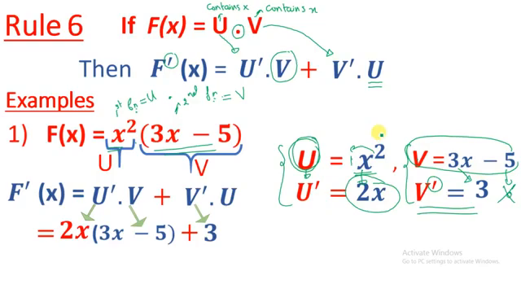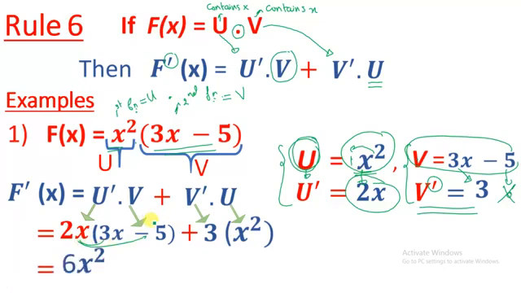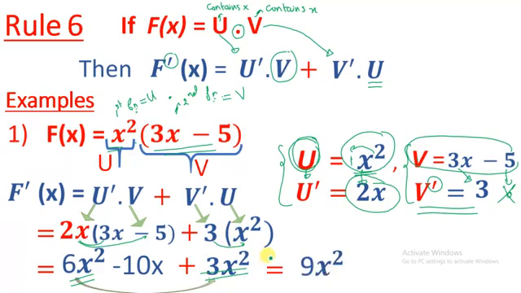Yes, multiplied by u, which is x squared. Good. Now we will simplify, only expanding this multiplied by this and this multiplied by this to get 6x squared minus 10x plus 3 times x squared, 3x squared, and we will add 6x squared plus 3x squared to get 9x squared minus 10x, and this is the derivative.